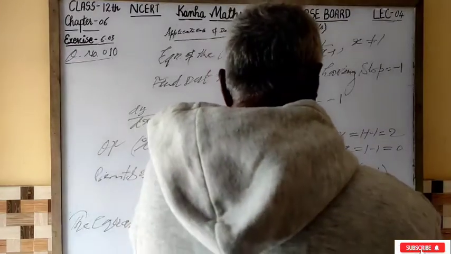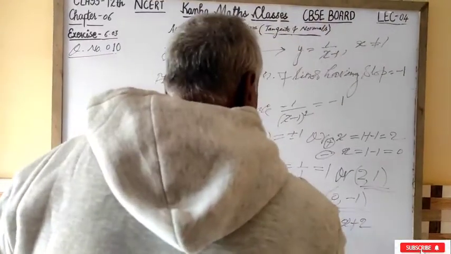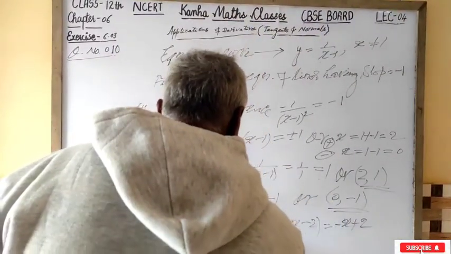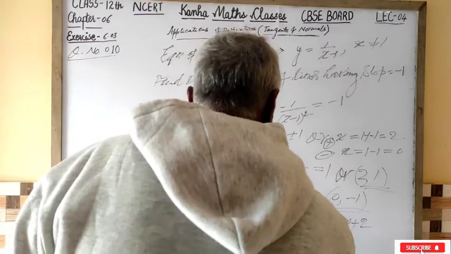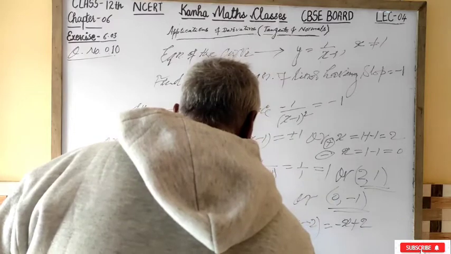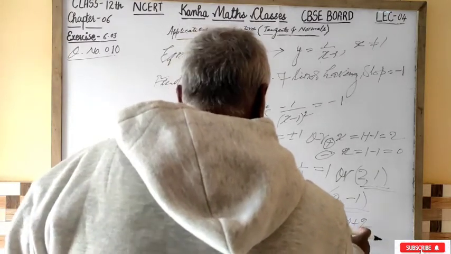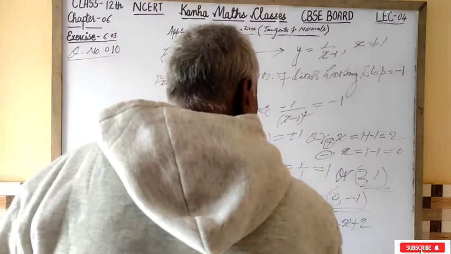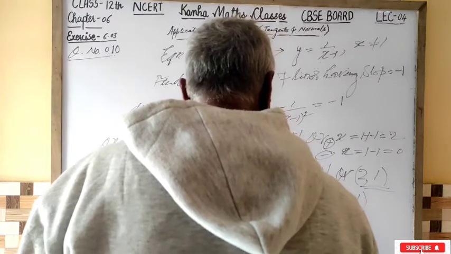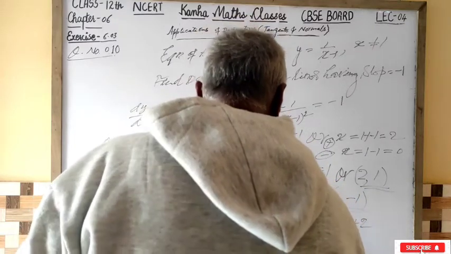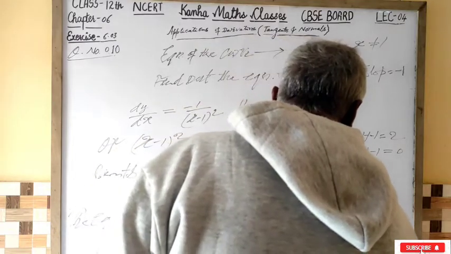By transferring the sides, y plus x minus 2 minus 1, that is x plus y minus 3, will be equal to 0. This is the first answer.